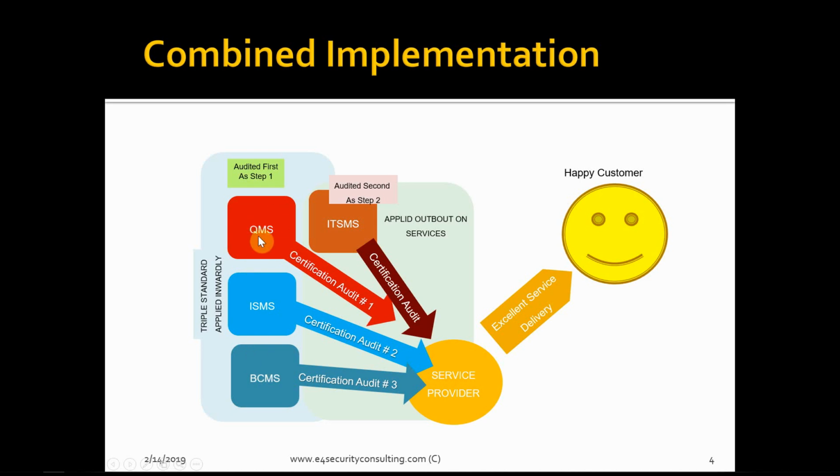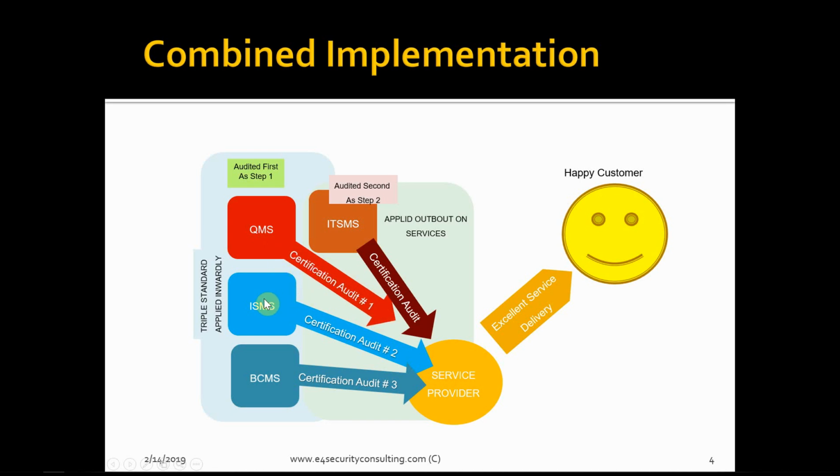You are preparing for QMS, or you are already certified under QMS, and you have a certification audit number 1. As a service provider, you have ISO 9000 under your belt. That is a good thing, and you are providing quality.